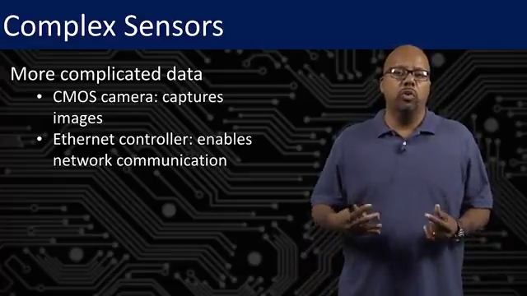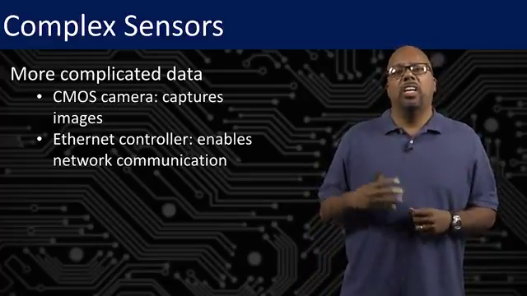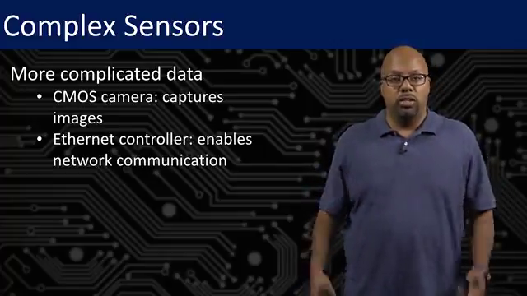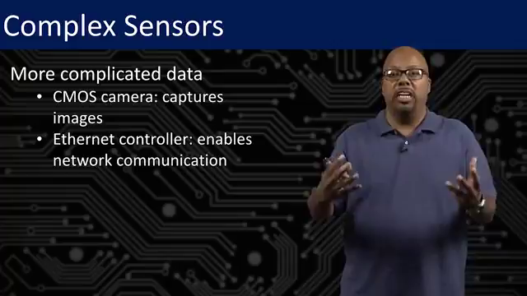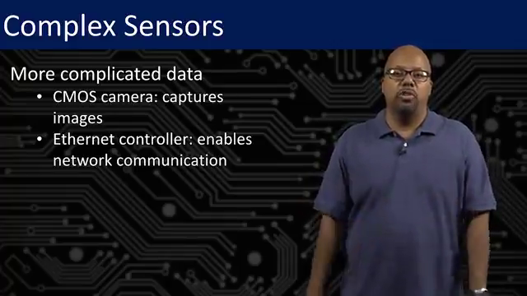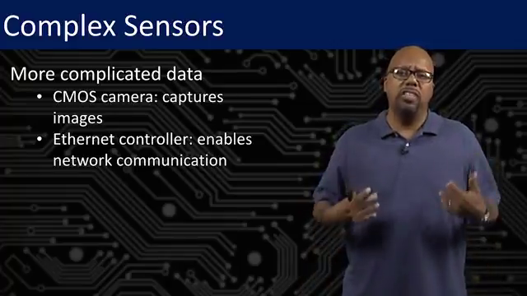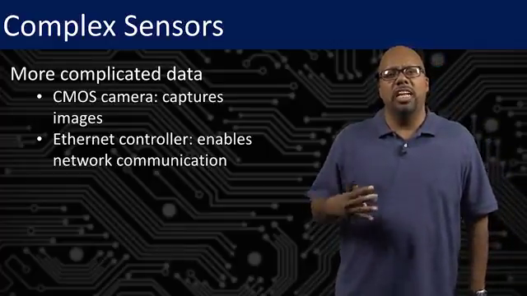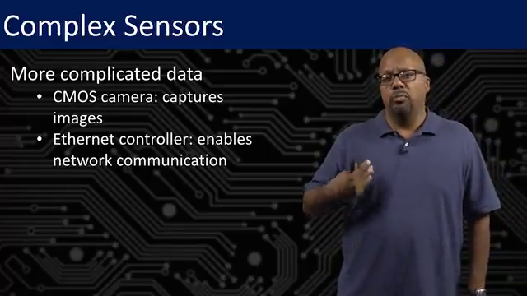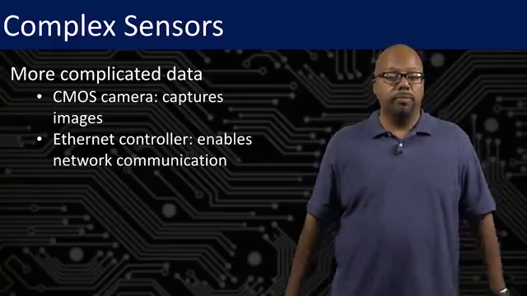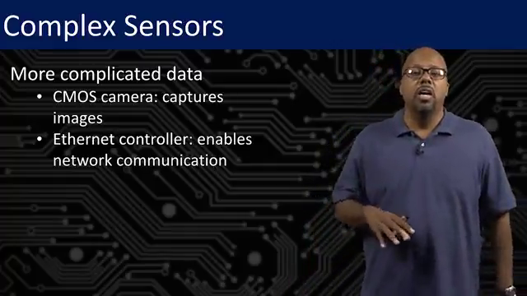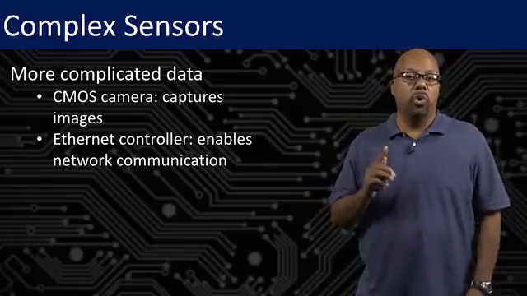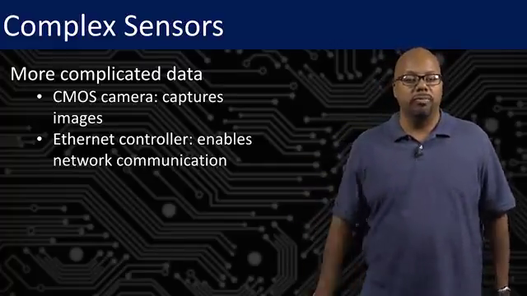It can't just give you one number, 0 to 5: yes, this is bright, no, it's not. It has to give you, say it's a megapixel, 1 million pixels of image data to represent what it's capturing. So this is a sensor. It's still receiving data from the outside world, but it's a much more complicated sensor. There's a lot more data to receive, and it's more complicated to work with generally. Now, we can still work with them, but you generally have to know a little bit more about the circuitry in order to do that, or use library functions, which we will talk about later.